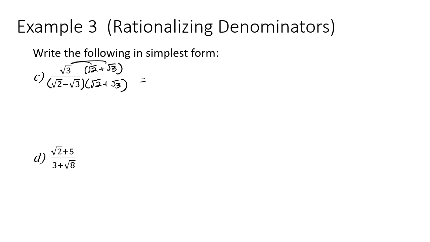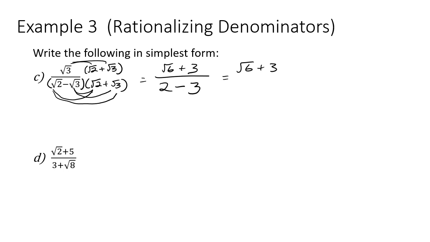So in the numerator, when we distribute, we would get square root of 6 plus square root of 3 times square root of 3 would just be 3. In the denominator, square root of 2 times itself would be 2. Then we would have a positive square root of 6 and a negative square root of 6 that would cancel. And then for the last terms, we've got a minus times a positive, so a minus square root of 3 times square root of 3, which would just be 3.